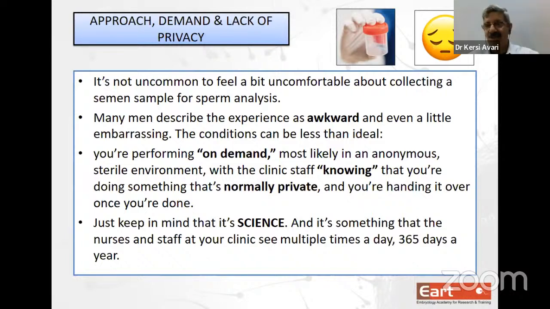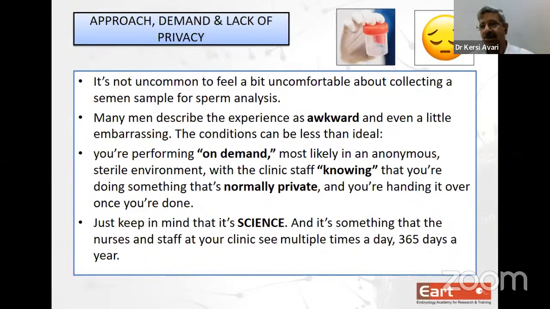So when the privacy is shunned, obviously your tension starts. But to the staff, it's a routine thing. They are doing it day in and day out, multiple times, 365 days of the year. So for them, it's a medical science. But for us, oh, it's something like a privacy. No, my gosh, I can't allow anybody to know my details.